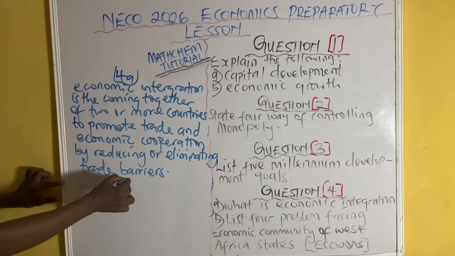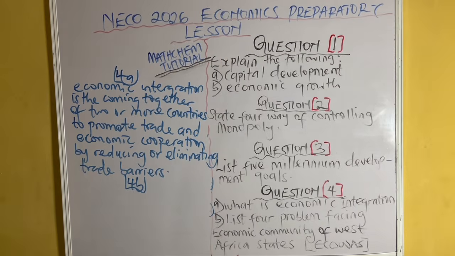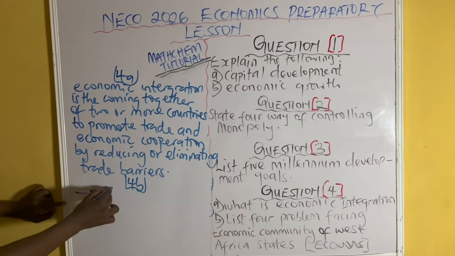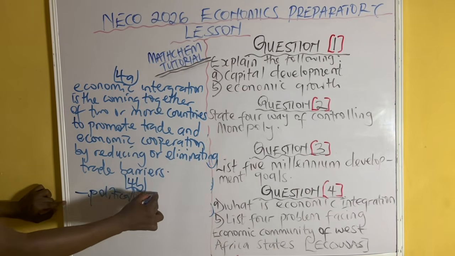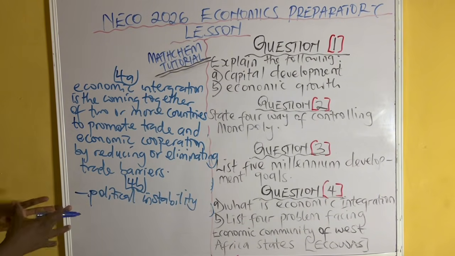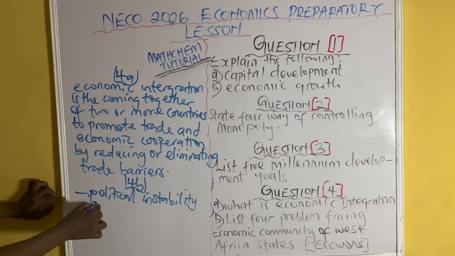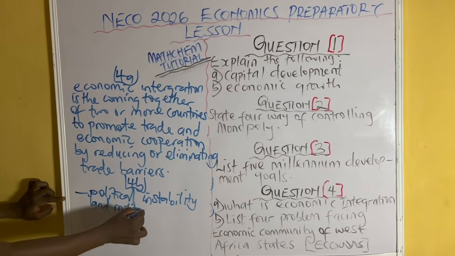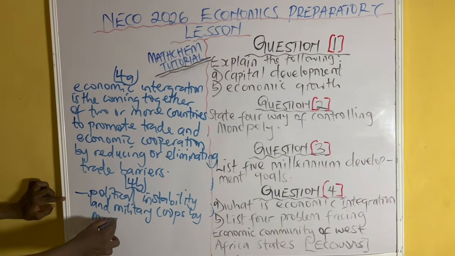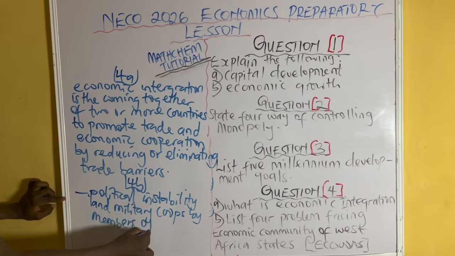Now for the B part, that's going to be 4B. So 4B says that we should list the problems facing ECOWAS, the Economic Community of West African States. So one of the problems they're facing is political instability and military coups by member states.